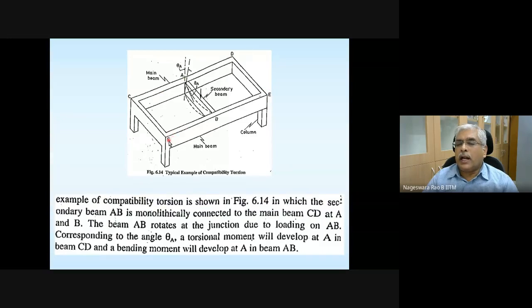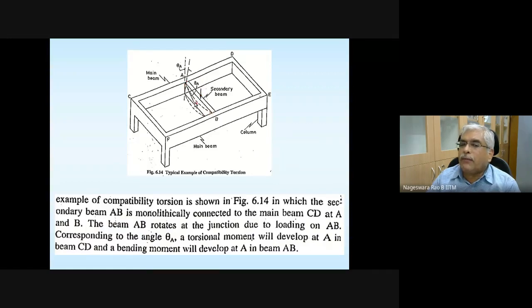CD and FE, or EF, are the main beams. These two main beams are connected to each other by a secondary beam. That secondary beam is AB. When the secondary beam undergoes bending, it deflects like this because of the applied transverse load on this beam.